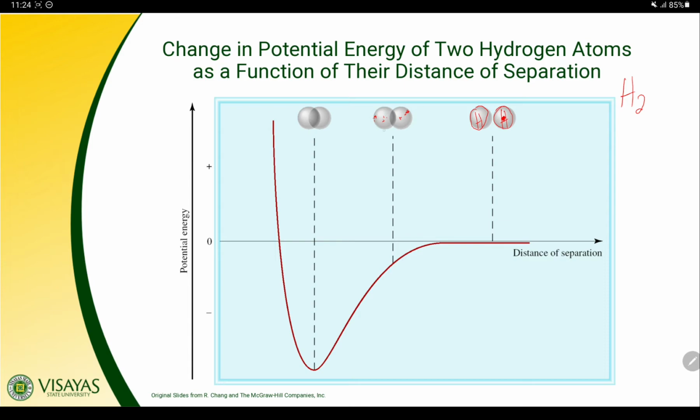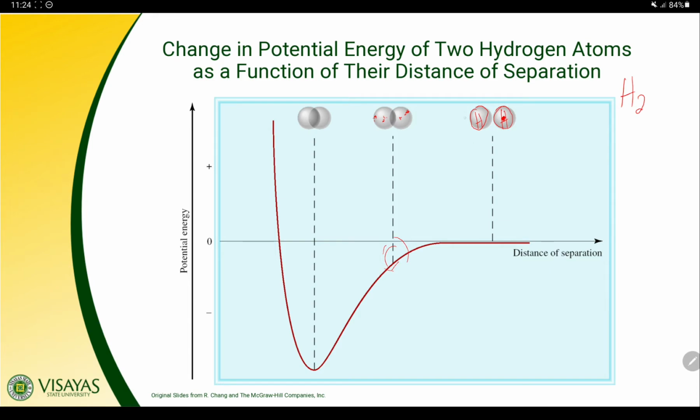However, as they are still approaching, the distance is not that close, so the stronger interaction is the attraction of the electron towards the nucleus of the other hydrogen atom. So what happens then is the energy gets lower because of this attraction.